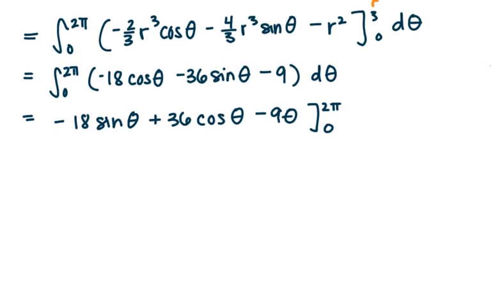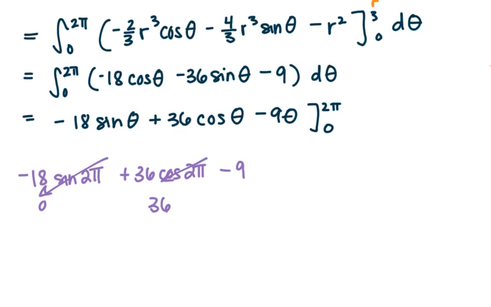And I know often we discount the 0, but we cannot in this situation, so I'll plug in 2 pi first. I've got negative 18 sine of 2 pi, that will go to 0, plus 36 cosine of 2 pi. It's going to be 36 times 1, we'll get 36, minus 9 times 2 pi, so minus 18 pi.